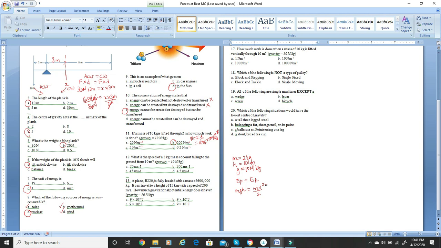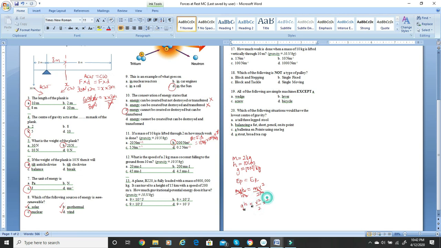If we're solving for velocity, we know the mass is going to cancel out simply because we're using the same object. The same object that has the stored energy is the same object that will be falling. So if we transpose on both sides, we end up canceling mass. So we end up with GH equals V squared over 2.